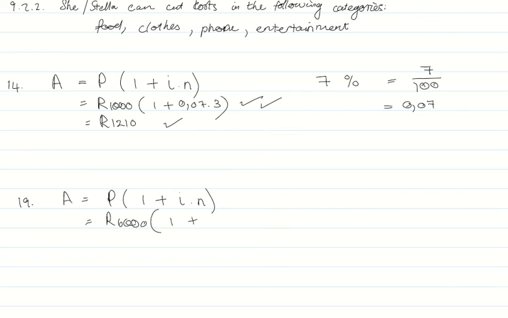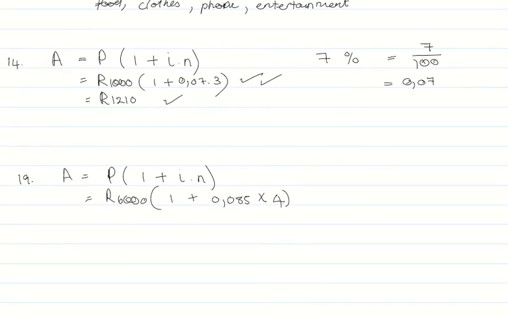The 8.5%, which can be written as 0.085. And I multiply that with 4. Did you get that? You multiply that with 4.